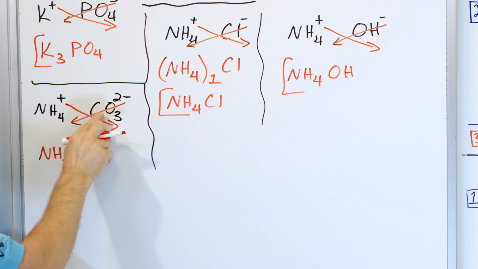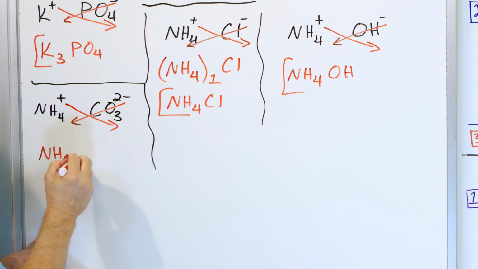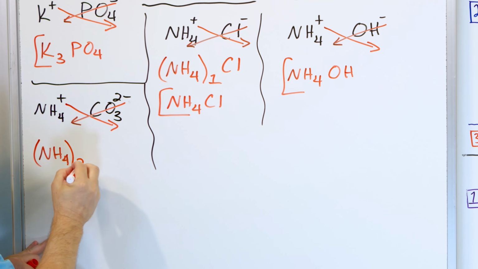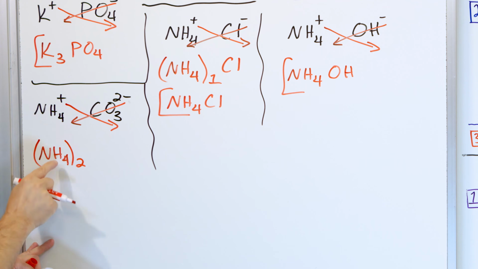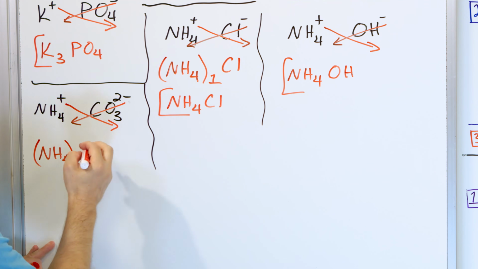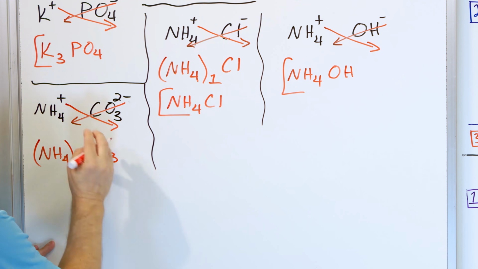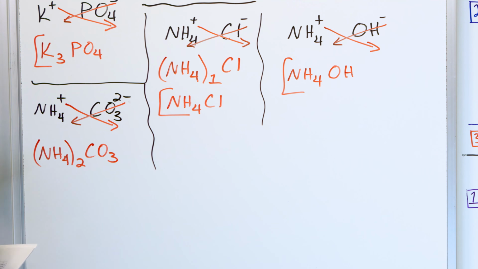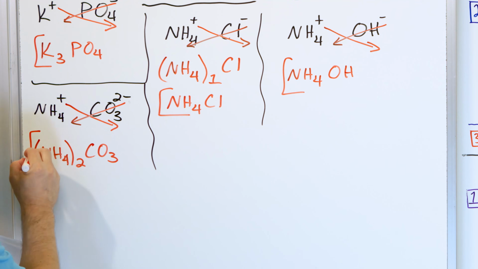But now this 2 has to come down here. So to make it clear, you don't want to put a 2 right next to the 4. It looks like 42. So you wrap it in parentheses with a 2 here. This means that we have 2 of these ammonium ions here. And then we have CO3, and the 1 comes down. And because there's a 1, I don't need to put parentheses. I just write it as NH4 parentheses 2 CO3. This is the final answer.